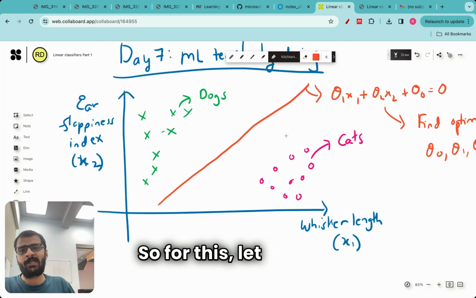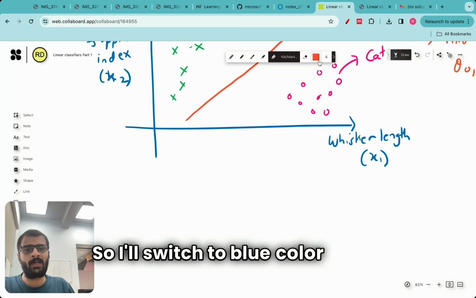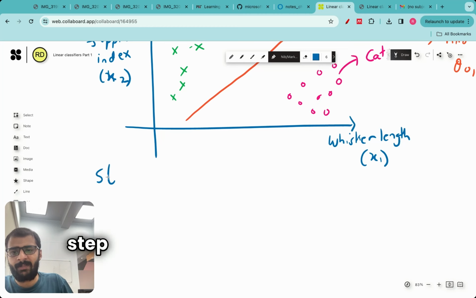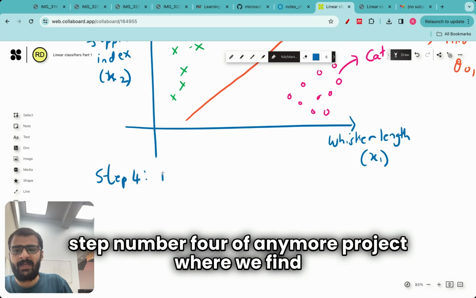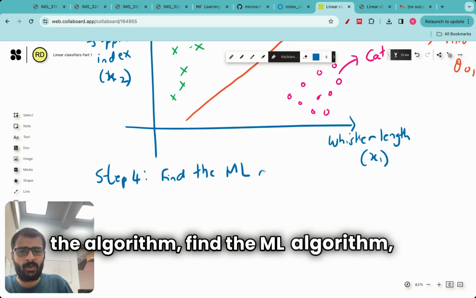For this, let us write down our first machine learning algorithm. I'll switch to blue color again. This is where we come to step number 4 of any ML project, where we find the ML algorithm.